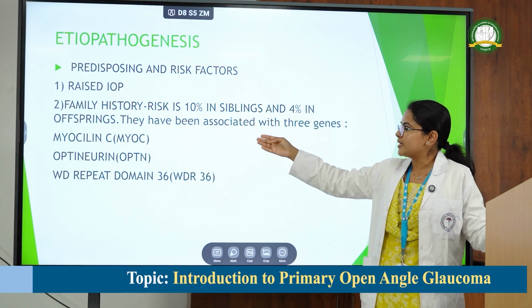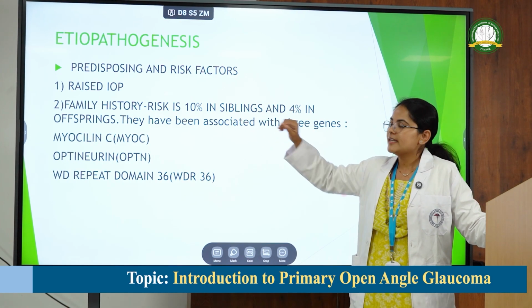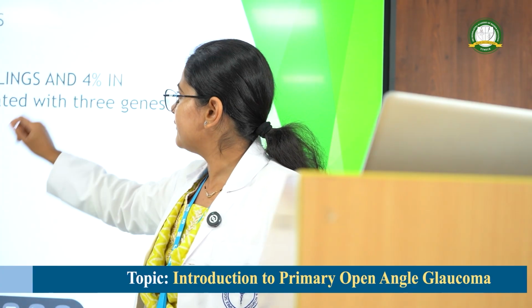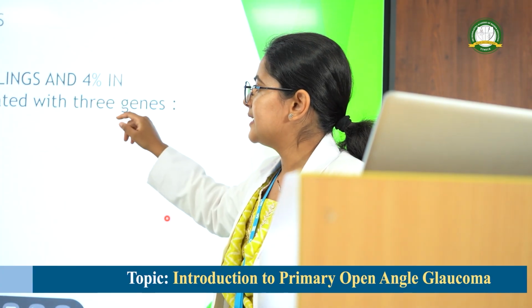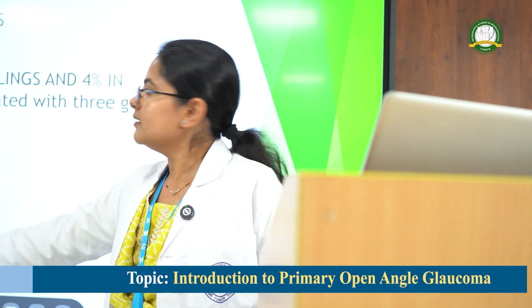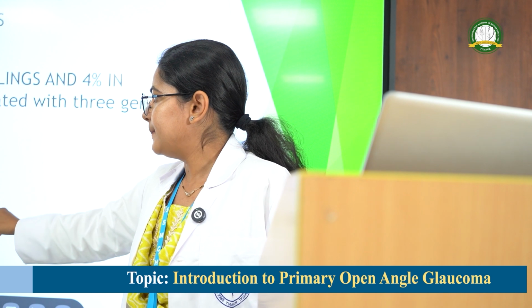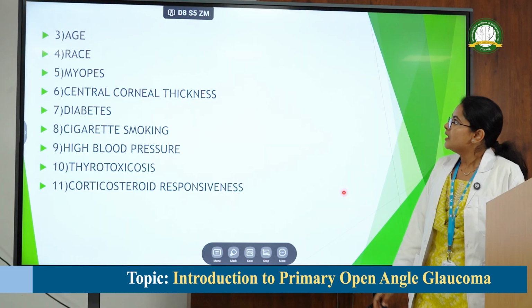Now, family history. Generally, siblings are greatly affected by a history of glaucoma in the family. Then 4% risk in the offspring. Then the genes associated in the family: myocilin, optineurin, WD repeat domain 36. Age.